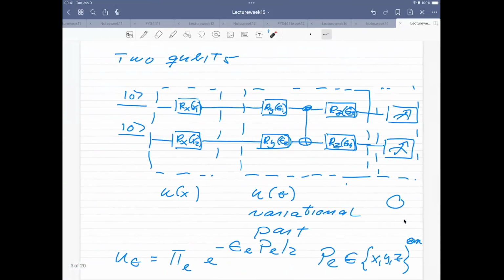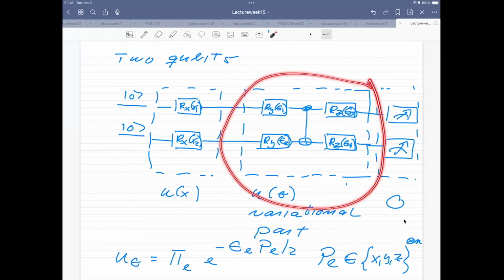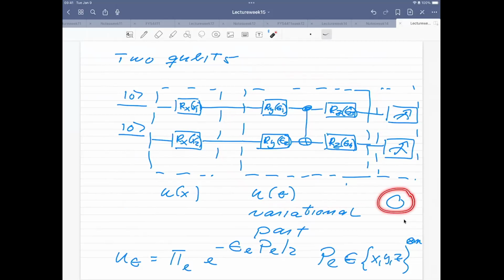So if we go back to the beginning of the lecture, you remember the way we set up everything in terms of a qubit case, so we had an encoding part, which when we calculated the energy in the VQE, we didn't need to care about. Then we have the variational part, which is this one. And in the VQE, the observable which you had here is actually the expectation value of the energy. So in those expressions which we got for the gradients, I had the expectation value of the energy and its derivative with respect to the parameters.